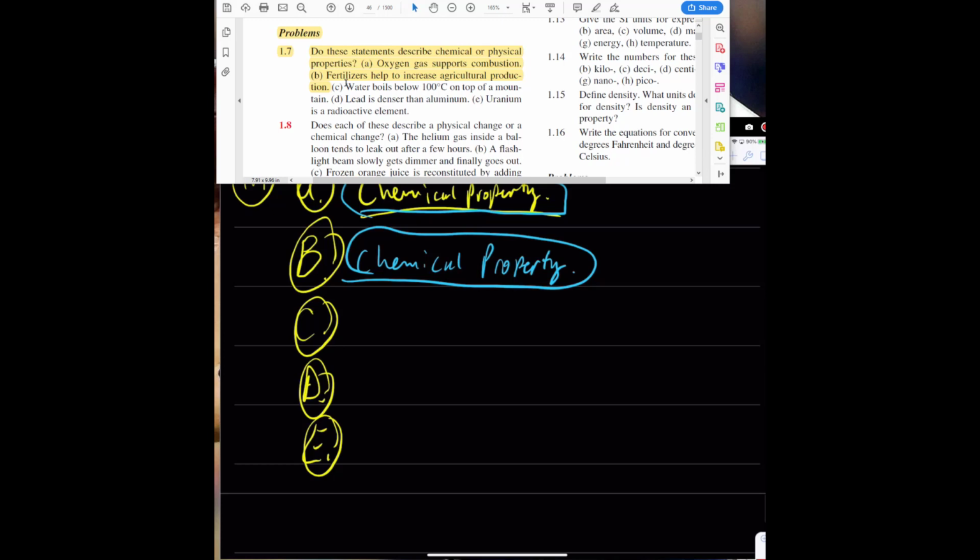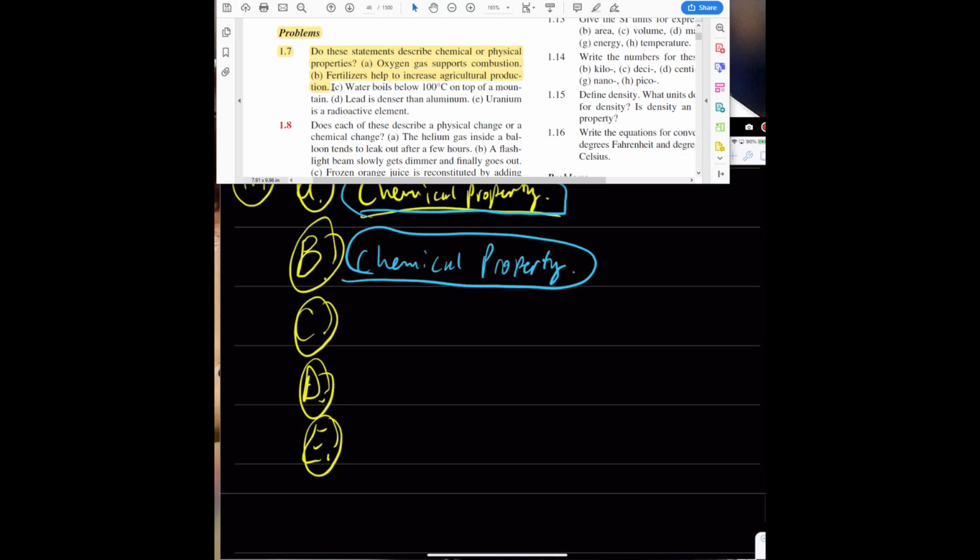This fertilizer can be thought of in the same way. So fertilizer is consumed by the growing plants. It is turned into vegetable matter, which is a totally different composition, right? It's being used up, and in turn the end product is vegetable matter, so it's a chemical property. That's a good example.